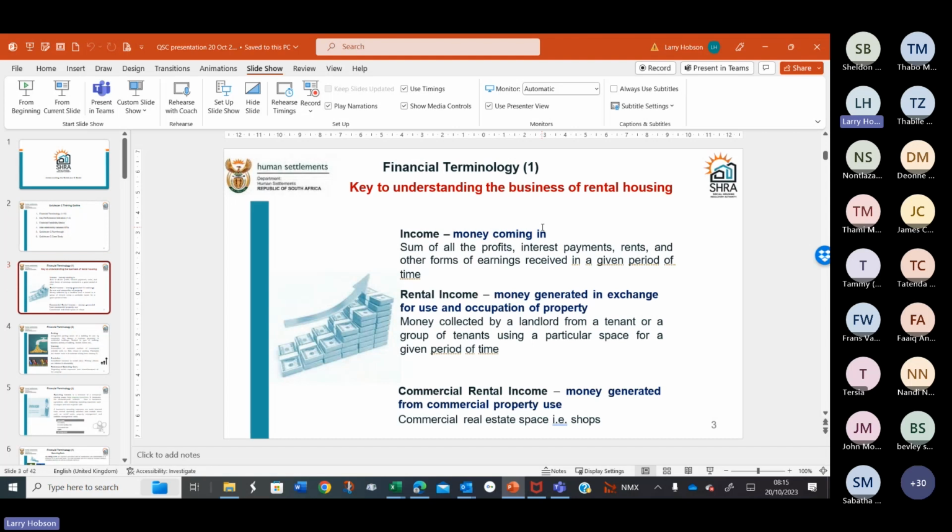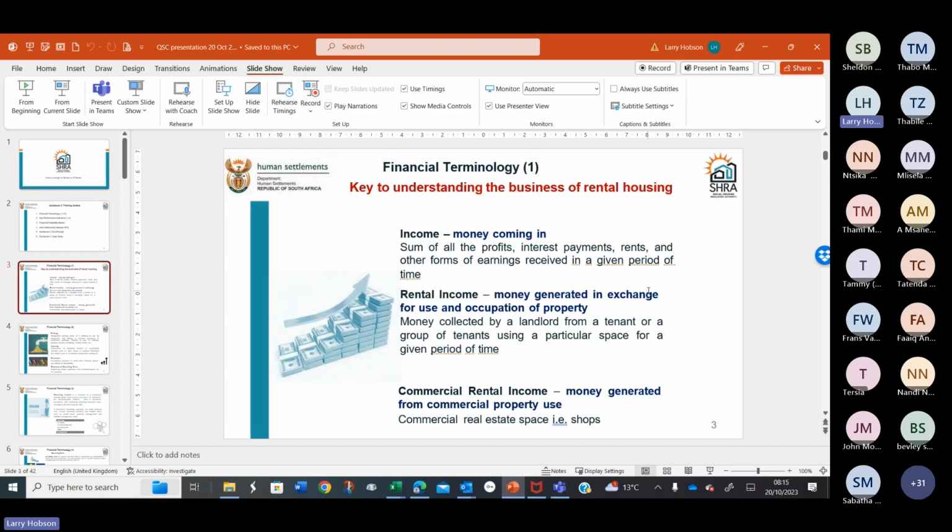Right, the first part is financial terminology. We use the term income for all money coming in. It can also be called revenue. So it's a sum of all the earnings from various sources in a given period of time.